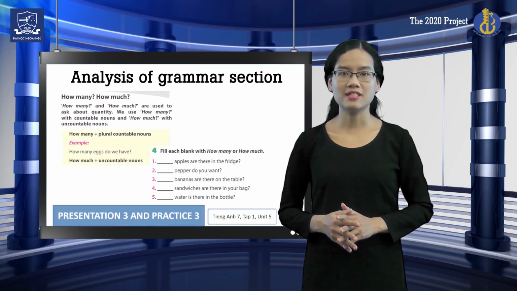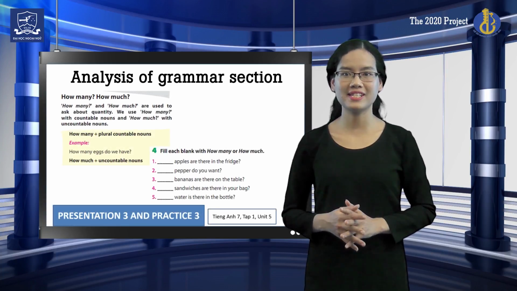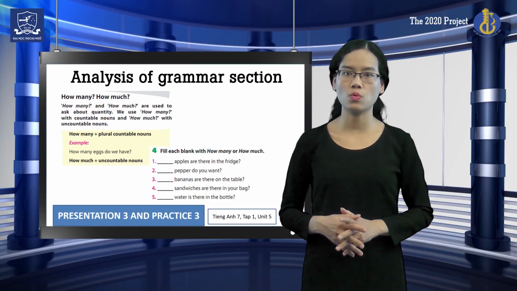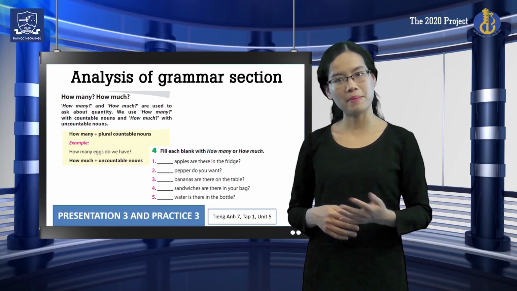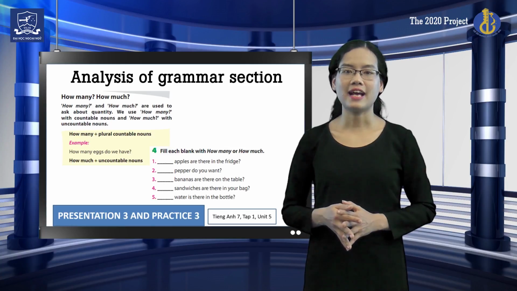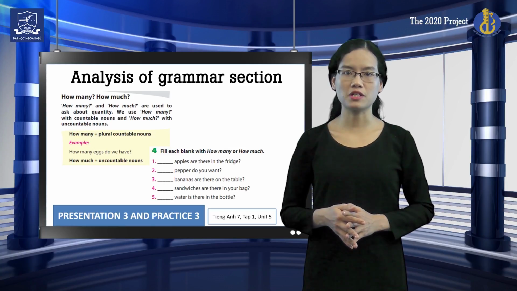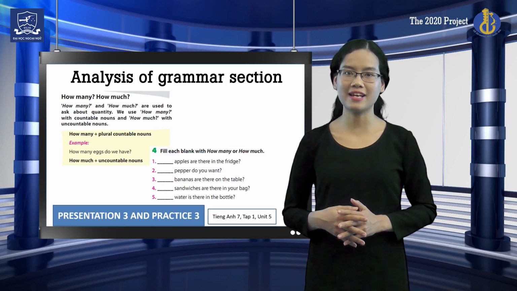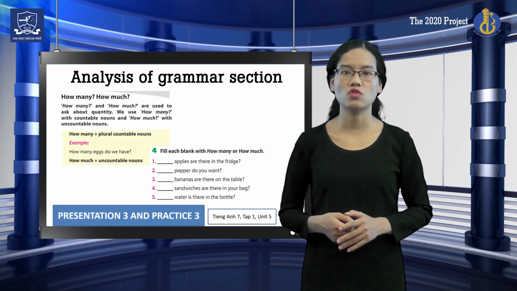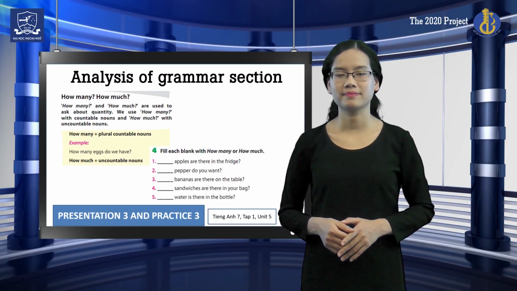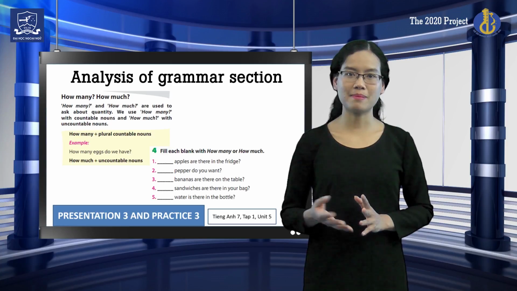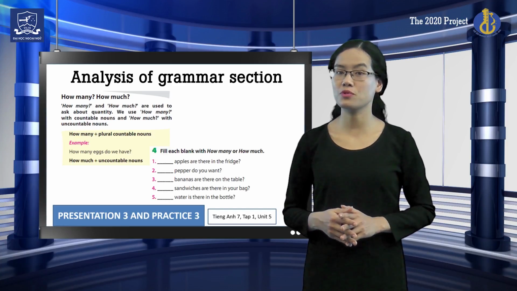Then, the lesson continues with the third presentation of making questions with how much and how many. And then, exercise 4, in which students finish the sentence by how much or how many. Now, let's see some strong points of this section up to this point.